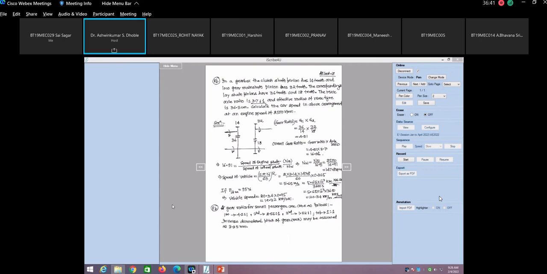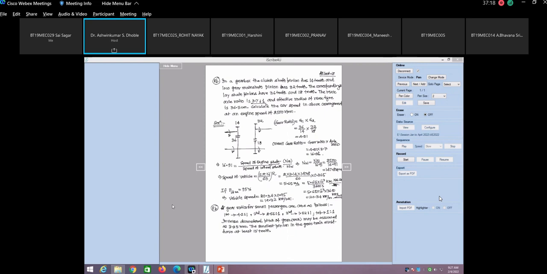The smallest pinion in the gear train must have at least 15 teeth. सर ये प्रॉब्लम पड़ी है, ये बहुत सारा डेटा दिया हुआ है इसमें.